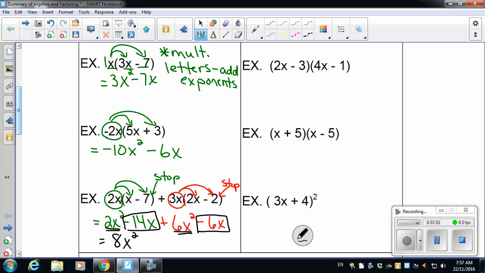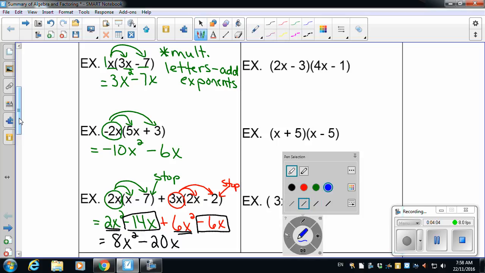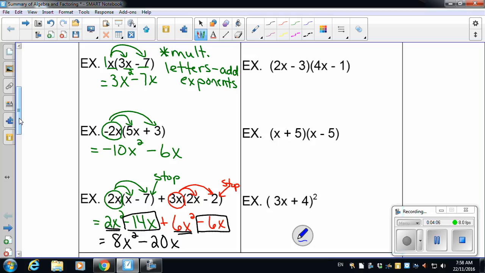When I put them together, negative 14 minus 6 more is negative 20x. So remember that when you're multiplying letters, you're going to add your exponents. And remember that you want to look for like terms at the end. So you always want to collect like terms to finish.